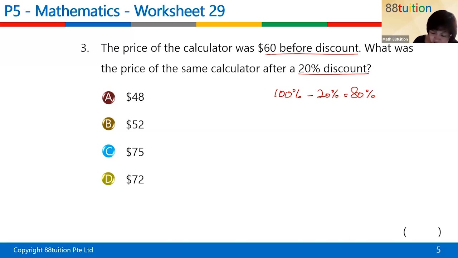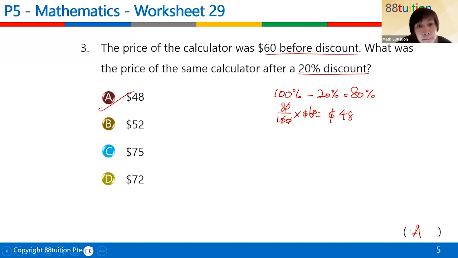Next one, for this 80%, 80 over 100 multiplied by 60, because the original price is 60. So you get 48 as the payment answer. That is for 3. So far, okay?